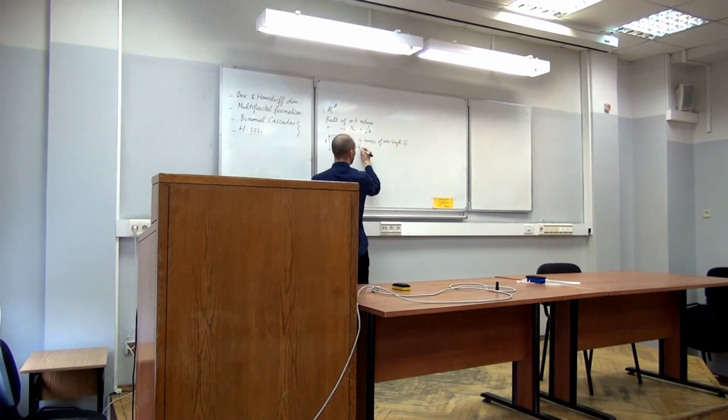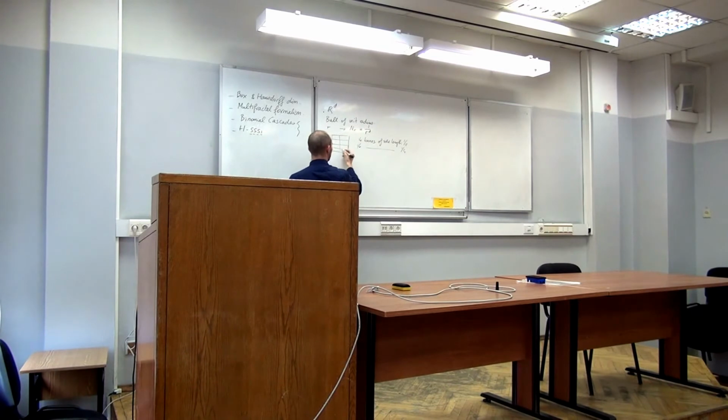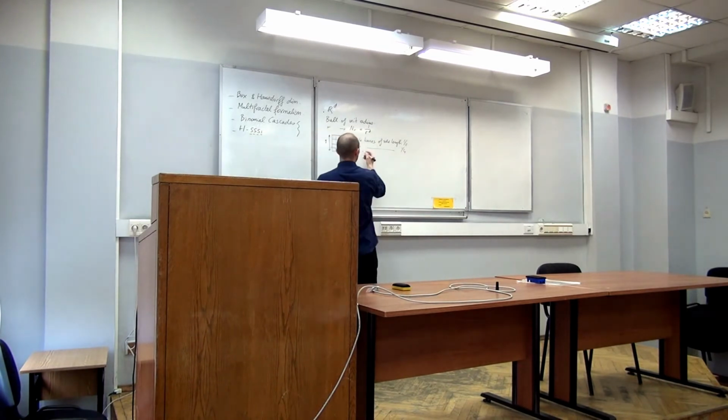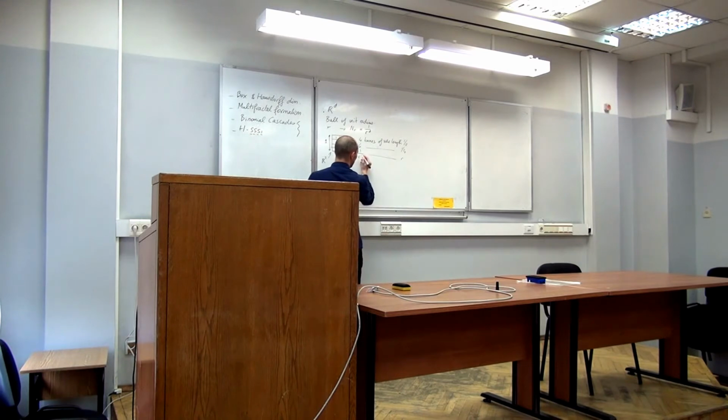Okay, and you would need 16 boxes of side length 1/4 to cover your unit box, and so on. So, in fact, you would need 1 on R to the D boxes of side length R to cover this unit box. Okay, so this is where this comes from. And so here we are in R^2, all right? So in fact, you can see that you need 1 over R squared boxes.